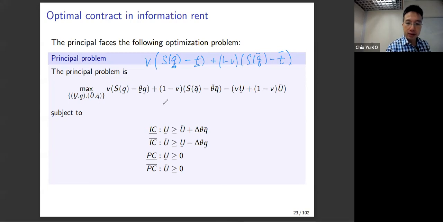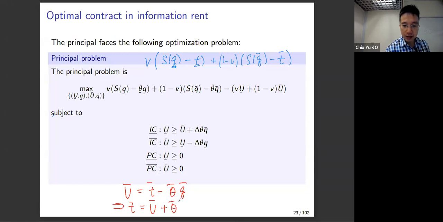And remember, we have just said U upper bar is T upper bar minus theta upper bar Q upper bar, right? Let's rewrite this. T upper bar is what? U lower bar plus theta, right? You write that. This is okay, right?